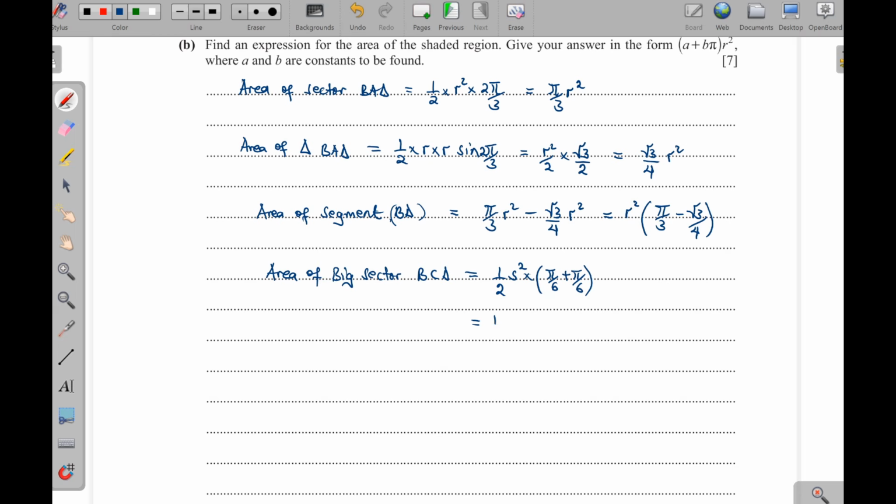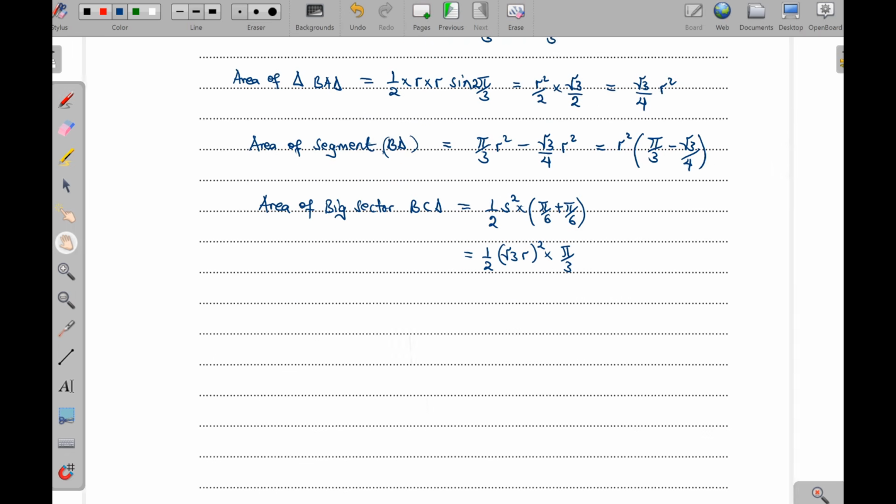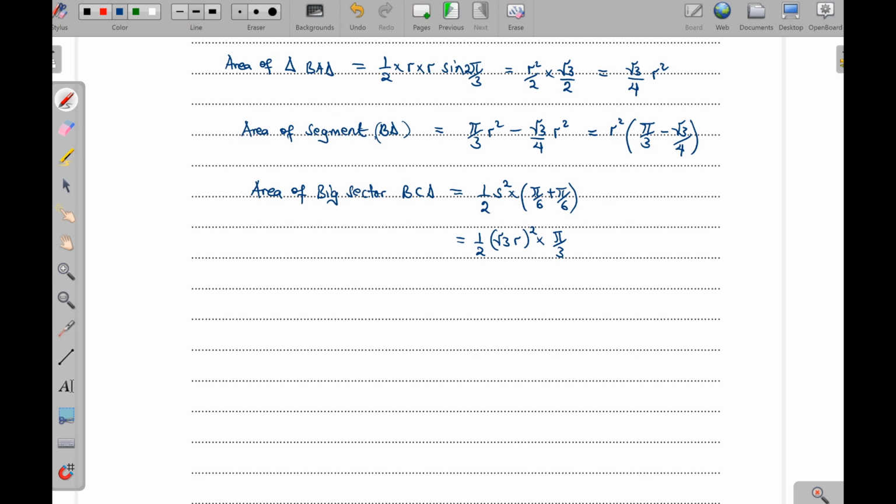So we shall have a half, then root 3 of r, we square that, then times pi over 3. And then this one will simplify to, what do you have here? This one will be a 3, okay? Then it cancels with that 3. Then you will get pi r squared over 2, okay? So pi, then r squared over 2.